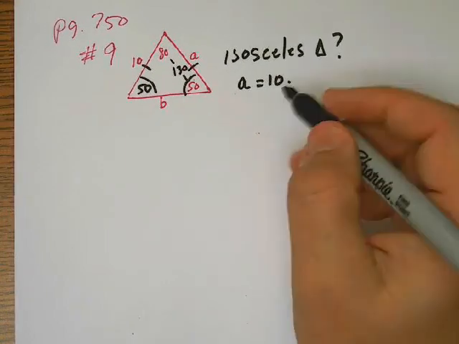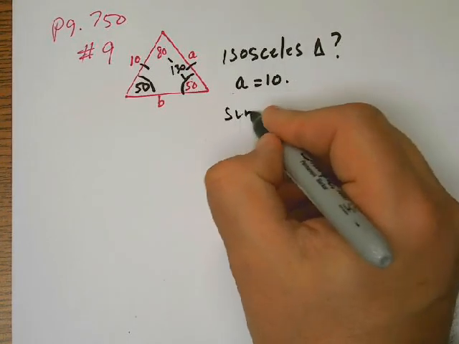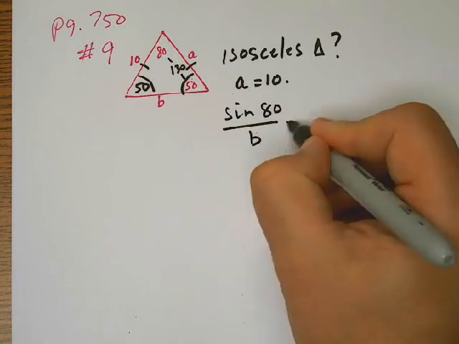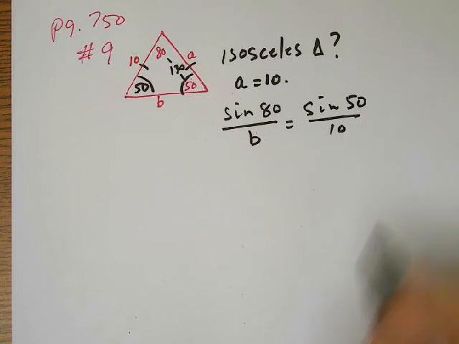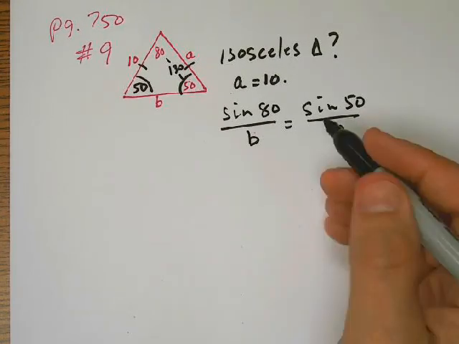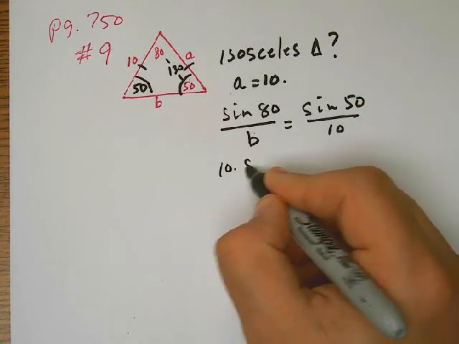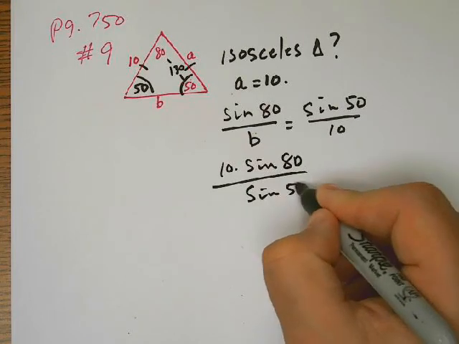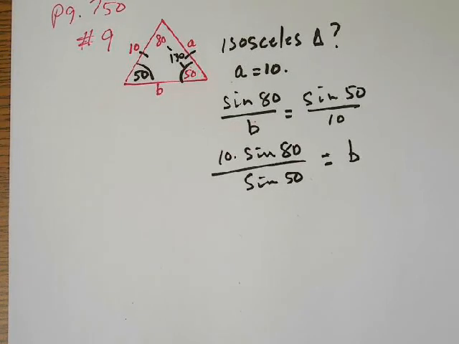Okay? And so then to solve, I'm going to use the sine law. The sine of 80 is to b as the sine of 50 is to 10. Now I cross multiply and divide. I'm solving for b. So I have 10 times the sine of 80 over the sine of 50, and that's equal to b.